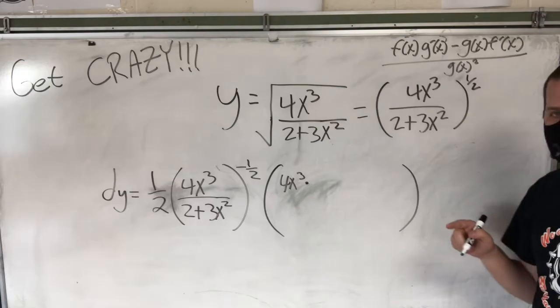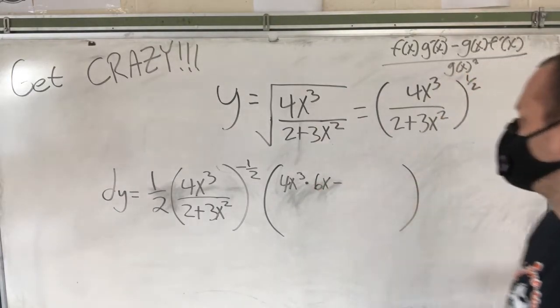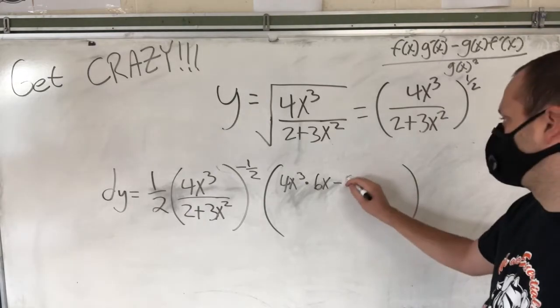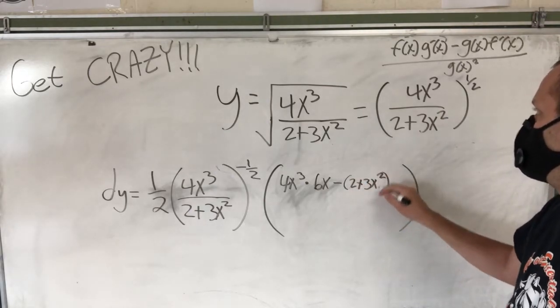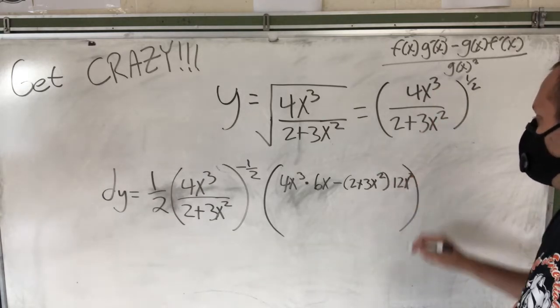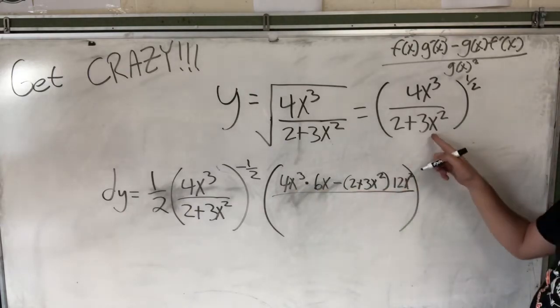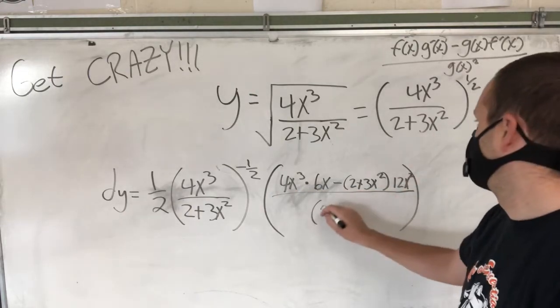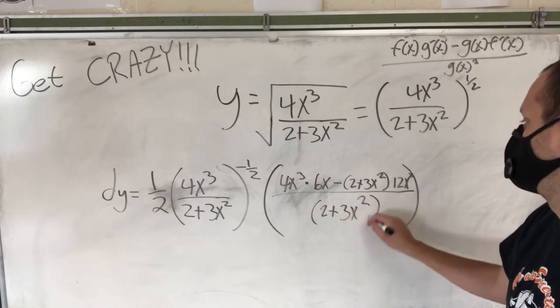What's the derivative of the bottom? It'd be 6x minus the bottom times the derivative of the top, which would be 12x squared, all over the bottom squared. 2 plus 3x squared, squared.